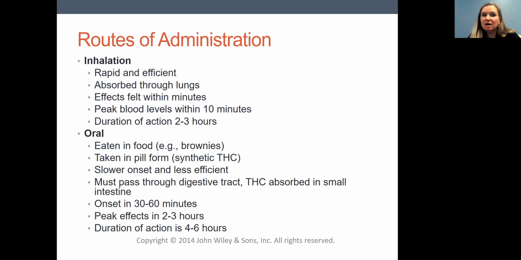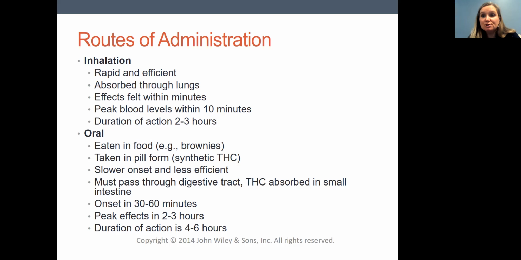How people use the drug differs, depending on whether they're using it just for the psychoactive effects as an illicit drug, or they're using it for other reasons, like maybe medical uses. So inhalation is very rapid and efficient because you're absorbing the drug through the lungs, where there's quite a bit of blood supply, and the effects will be felt within minutes in that form.